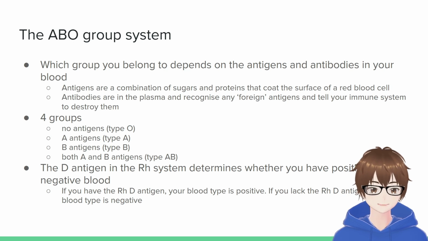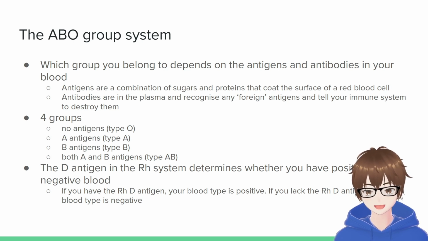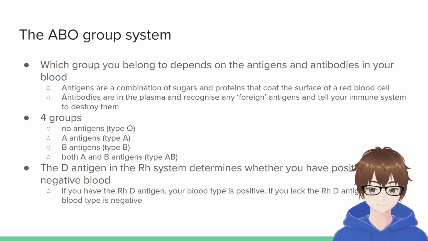So now we have how our blood is categorized. It's categorized by the ABO group system, because of the different types of blood. Which blood group you belong to depends on the antigens and antibodies that are in your blood.